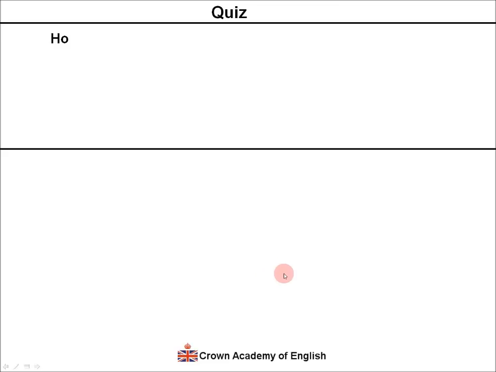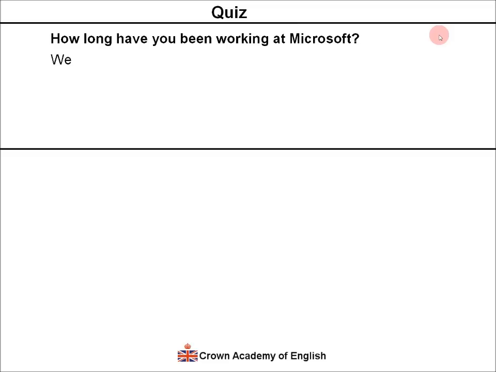Quiz. So, an example question. How long have you been working at Microsoft? And we have two choices of how we answer this question. Choice number one, we can answer the question with the word since.